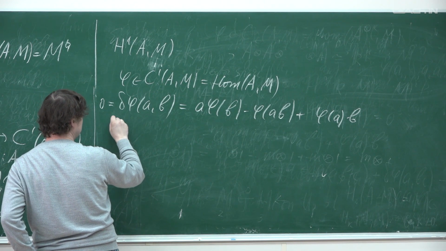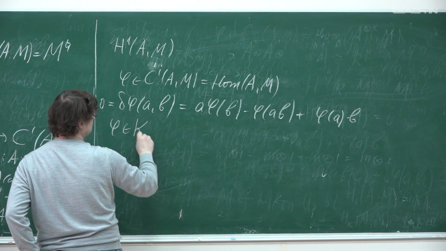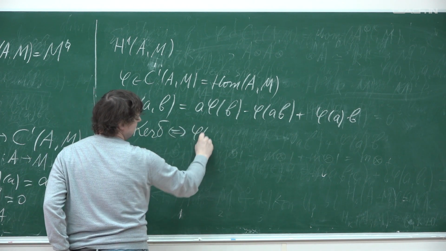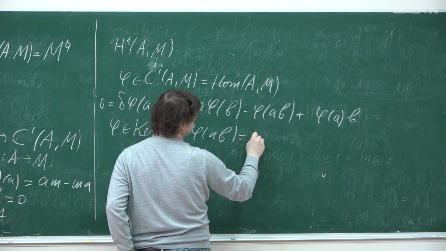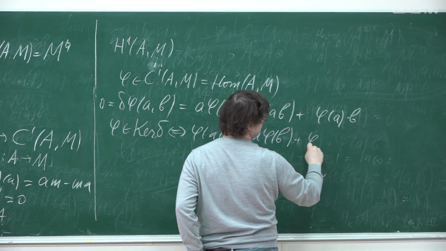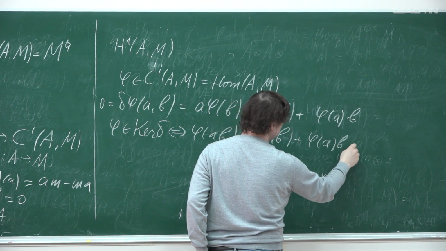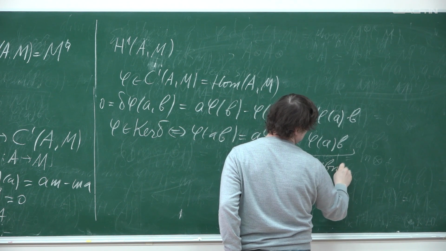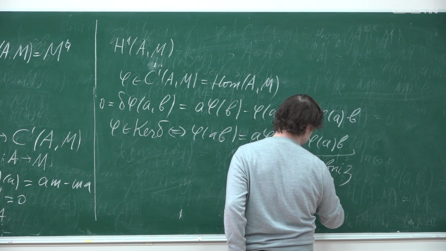So we conclude that phi is in the kernel of delta if and only if phi of ab is equal to a phi of b plus phi of a times b. And that's precisely the Leibniz rule in the non-commutative sense.